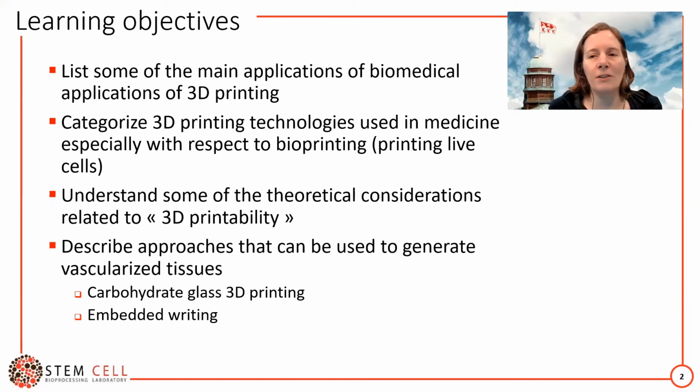So we actually focused our talk on the printing of living tissues. You should also understand some of the theory behind 3D printability. And then finally, we will cover 2 case studies of work we're doing in our lab on 3D printing for generating these vascularized tissues.